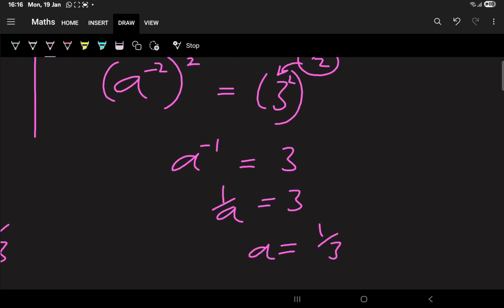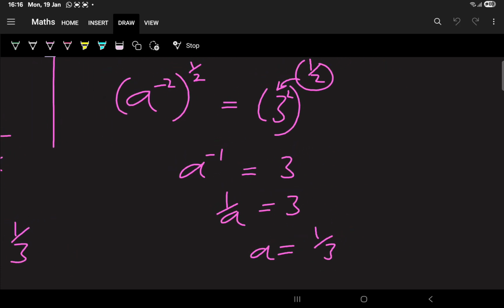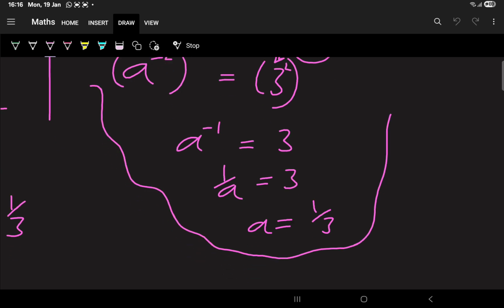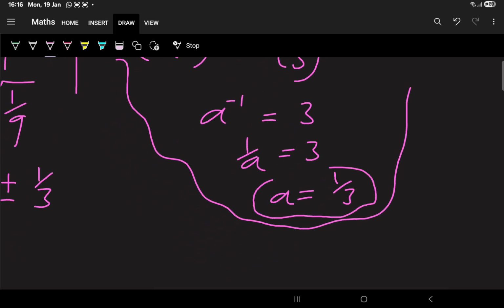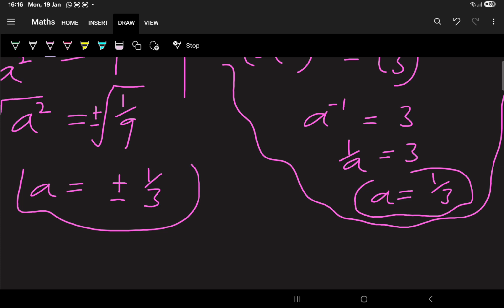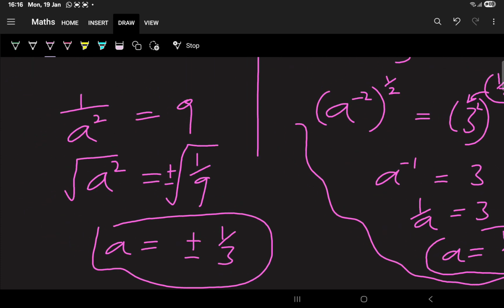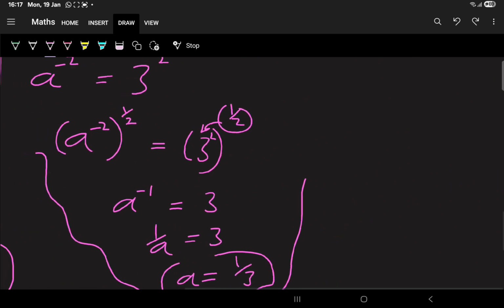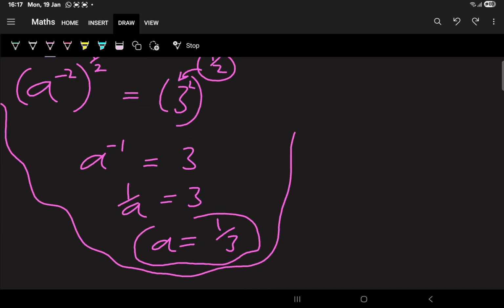Now observe this method is valid, but the answers are not exactly the same. Now why is this? Here we took a square root which takes into account the positive and negative possible values of the root, while here this is just considering the positive value of the root.